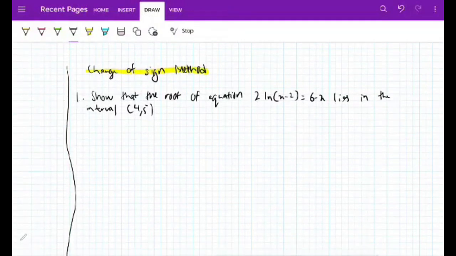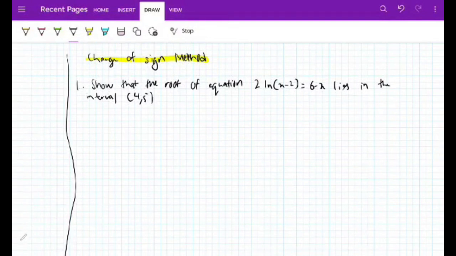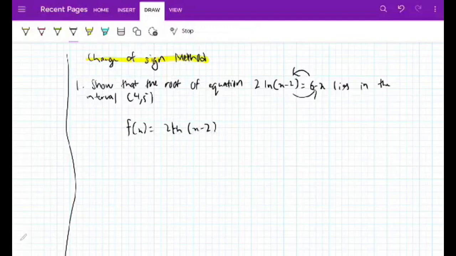How we go about this question first is, let's make it all towards one side. You can push this one to this side, or bring that one to the other side, it's up to you. I'll make it into this form first: 2 ln x minus 2 equals negative 6 plus x.